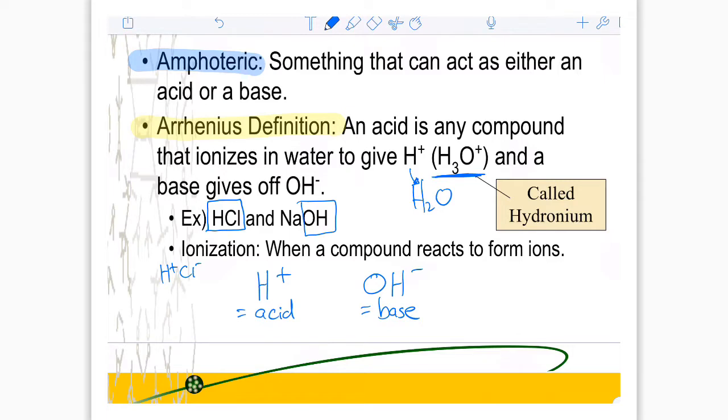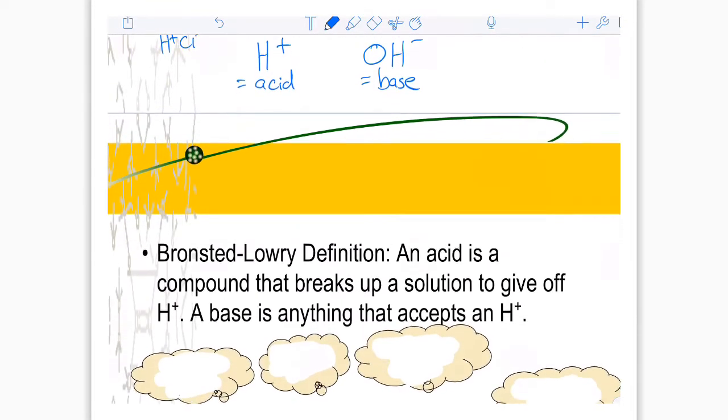This isn't super important for us. You will see some people refer to it though. It's called a hydronium. Now, if you see an H+ or you see an H3O+, just know that they're pretty much interchangeable. They mean the exact same thing. So this is the Arrhenius definition.